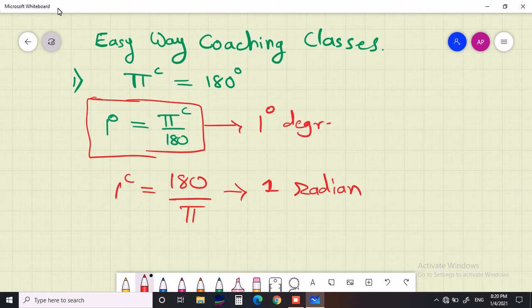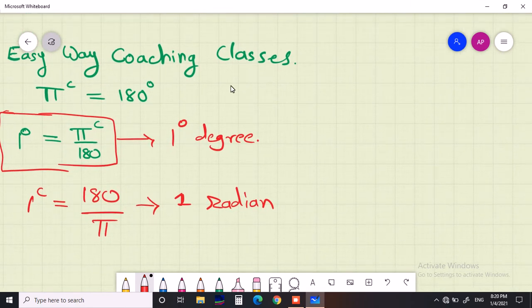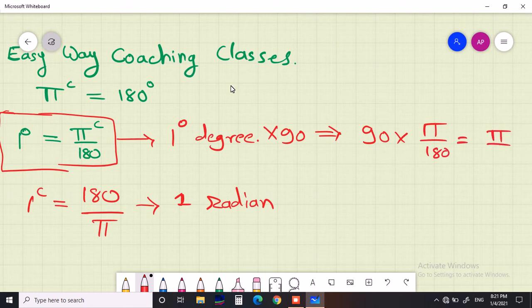So if you want 90 degree, then what to do? If you want to calculate the value of 90 degree, then simply 1 degree equals pi by 180, so multiply it with 90. 90 multiplied by pi by 180 is equal to pi by 2, so pi by 2 radian.